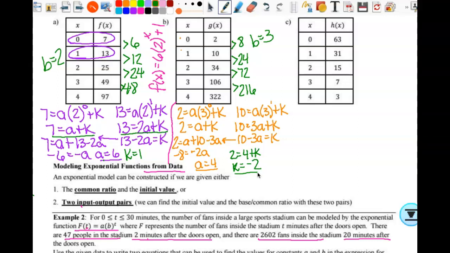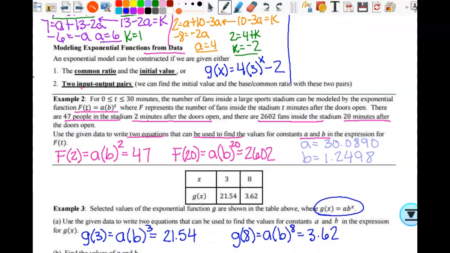I got a equals 4. You'll agree with that? Did you get k equals negative 2? All right, so then write your equation for g of x. What questions you got? We're good? All right, good deal.